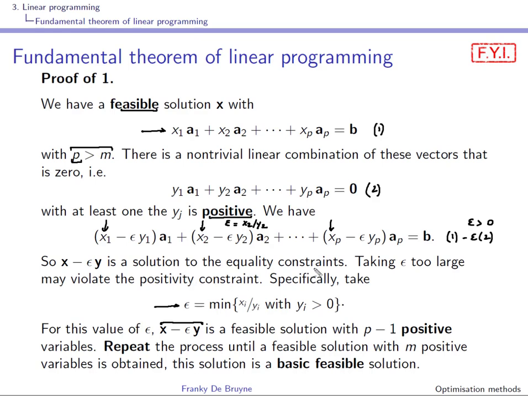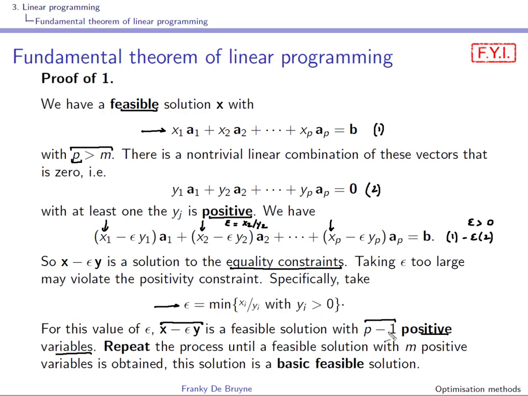Because it will still meet the equality constraints, but will have a coefficient that is 0. So we'll have a feasible solution with p minus 1 positive variables. If p minus 1 corresponds to m, then we have a basic feasible solution.